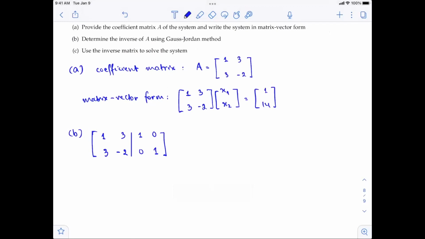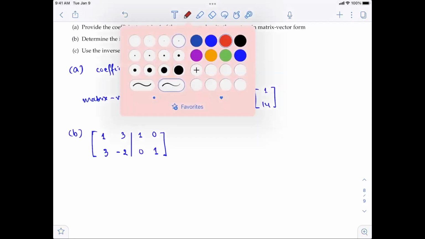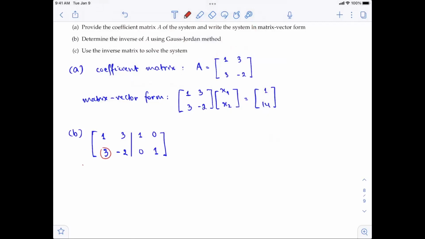You start by looking for the leading one in the first row, and we already have that, right? The leading one is right here. Now you need to turn this into a 0, so we need a 0 here. To do that, you're going to take negative 3 multiplied with R1, plus R2 to create a new R2.